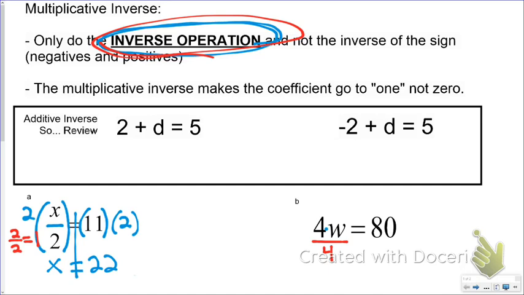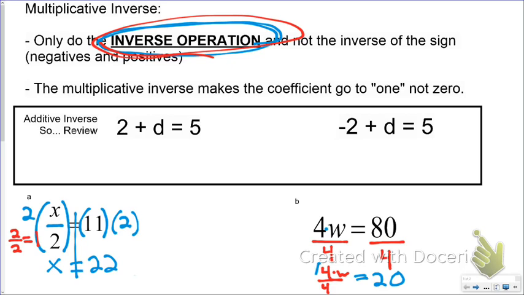So I put division right here. Whatever I do to one side, I have to do to the other. So I put division there as well. Now, so basically I've got 4 divided by 4 times w. That's equal to 80 divided by 4. 80 divided by 4 should be 20.